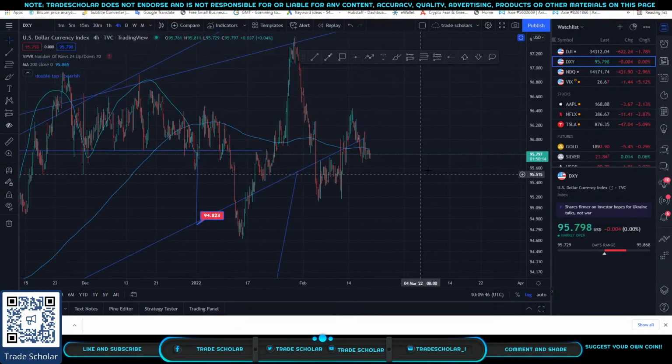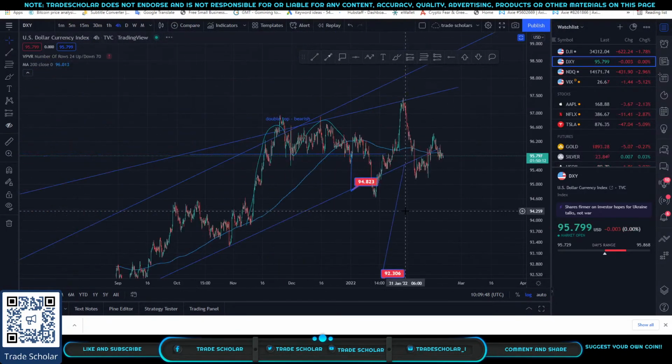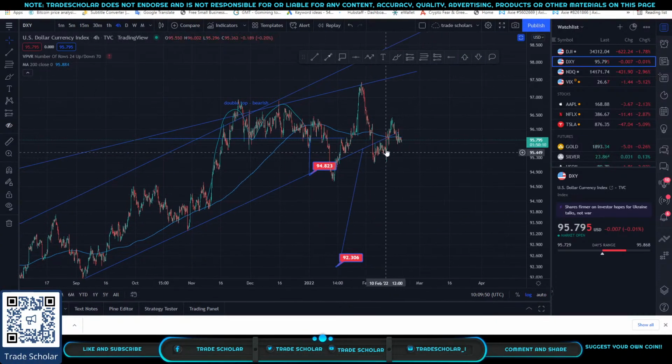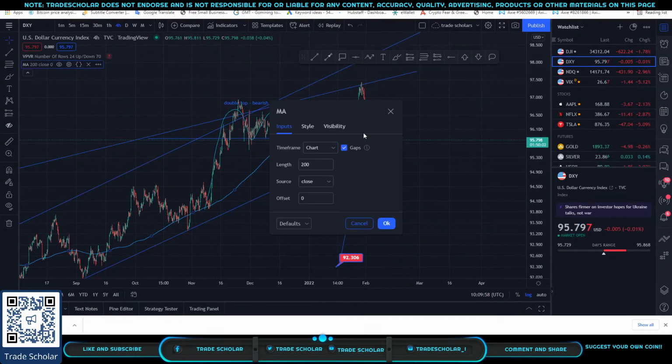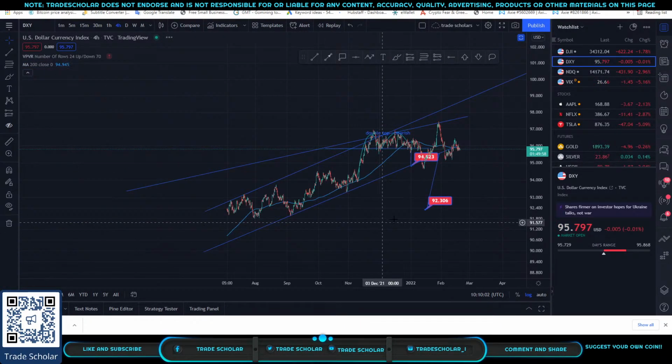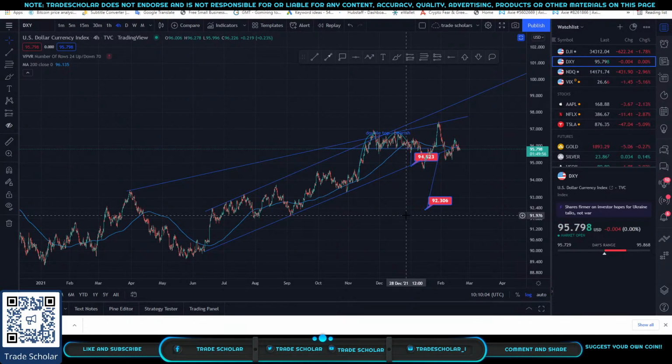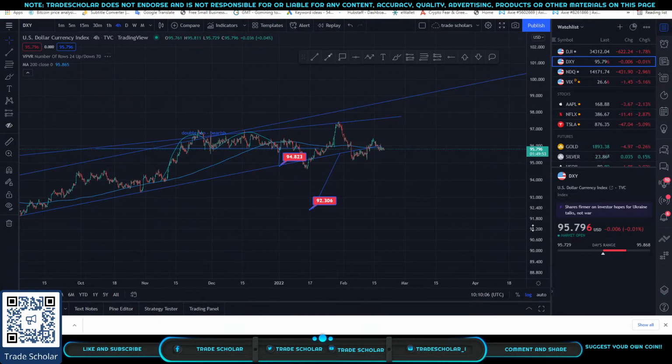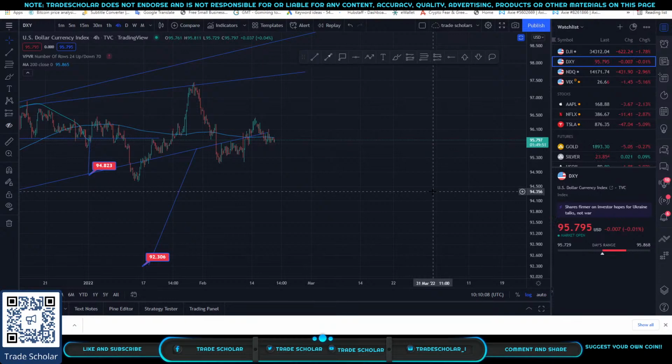This is a good thing right here. If it already broke to the downside, we can expect more to the downside. Because this is the 200 moving average, we are already entering the bear market for the DXY, the dollar index. Which means if the dollar goes down, Bitcoin goes up.